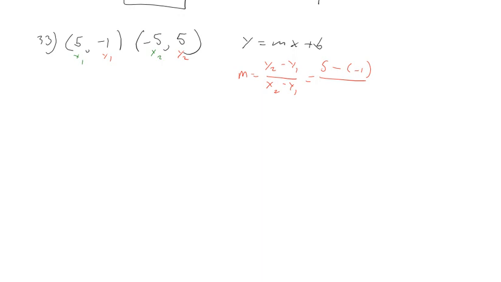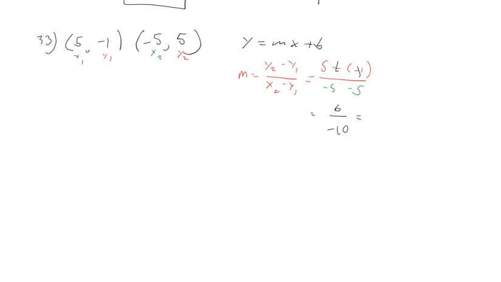This is minus minus, so that's a plus. So that's 6 over negative 10. That's my slope.